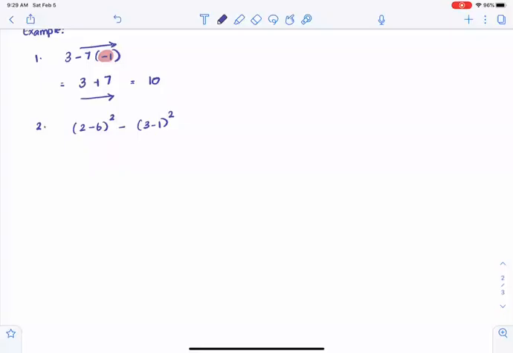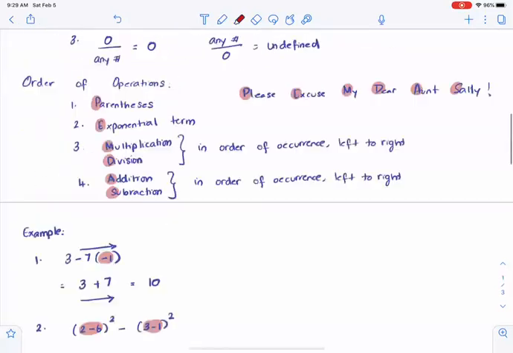So we have 2 minus 6 squared minus 1. So according to the rule, the first thing that we need to take care of is whatever we have inside the parentheses. So we'll have to take care of that first.